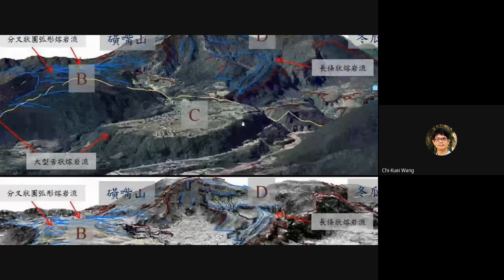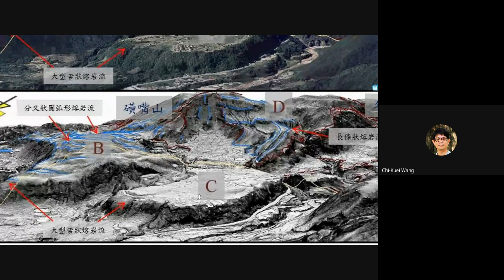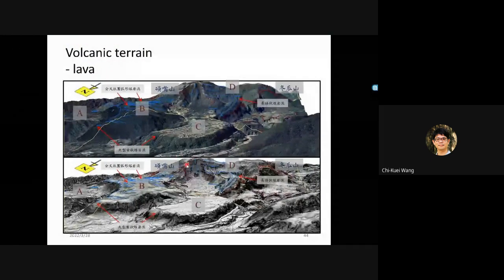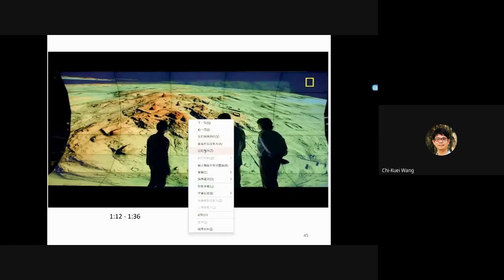This flat area gives you the feeling that it was flowing from the volcano. So with good penetration and good quality data, you can see a lot of features.